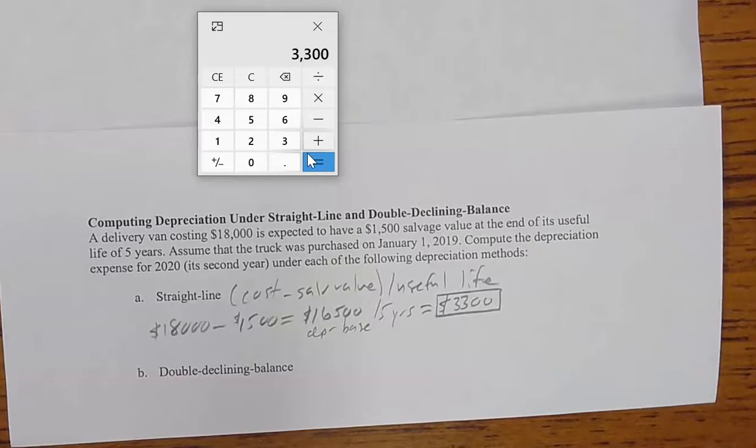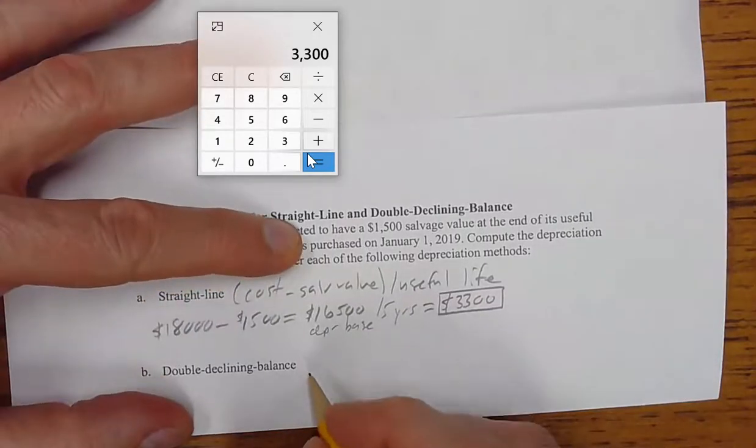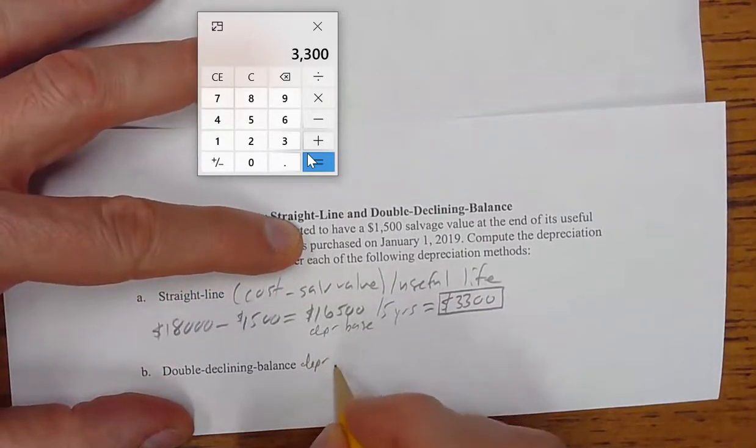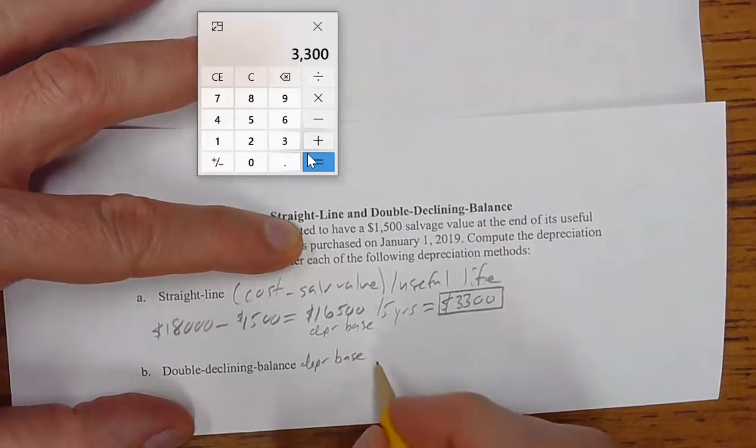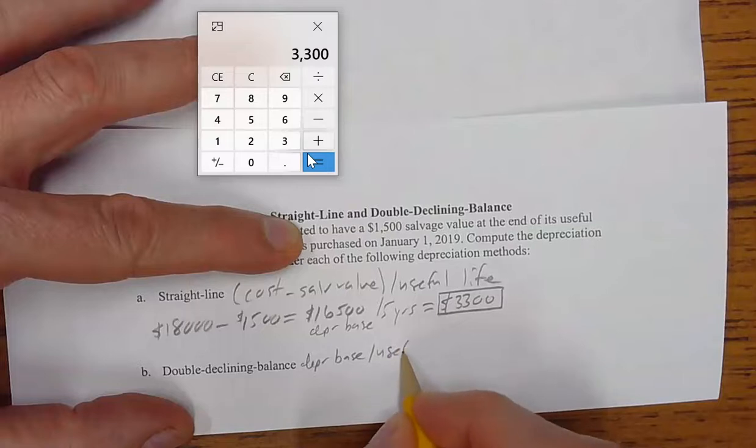Now the double declining balance is a little bit different. So we've got the depreciable base. This is our formula. And we're going to divide that by the useful life.